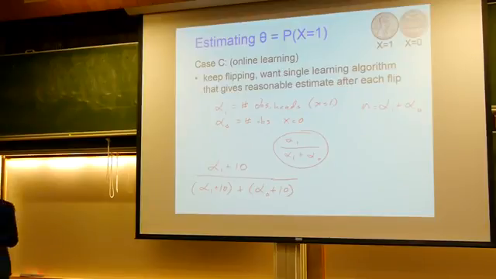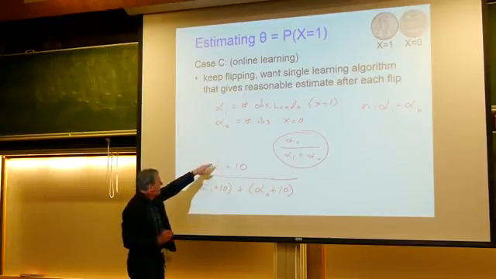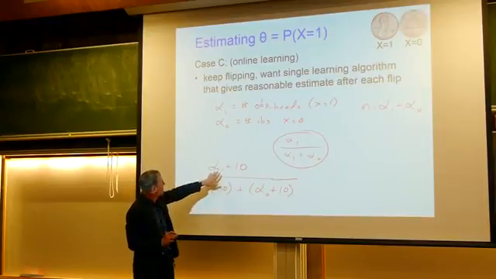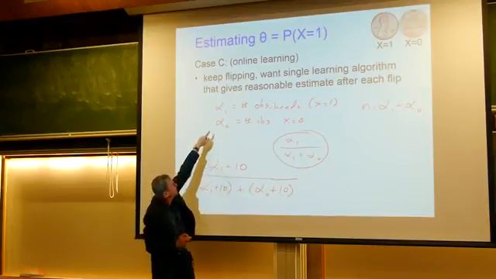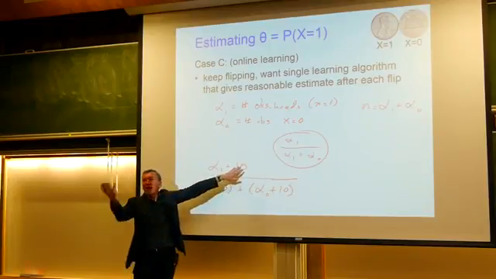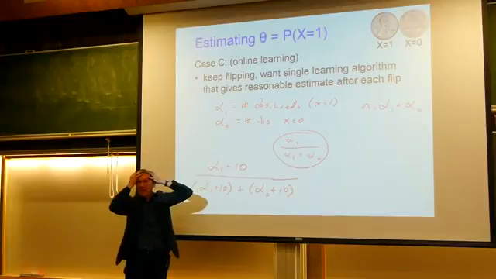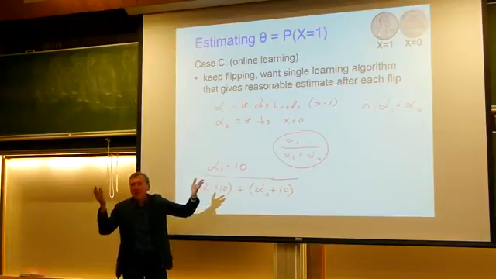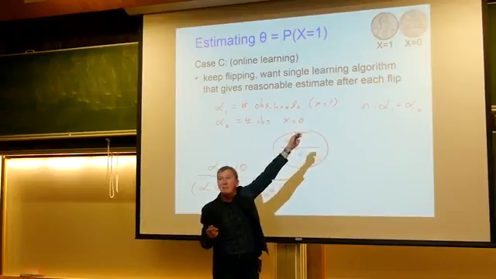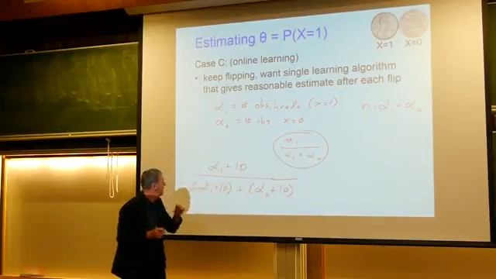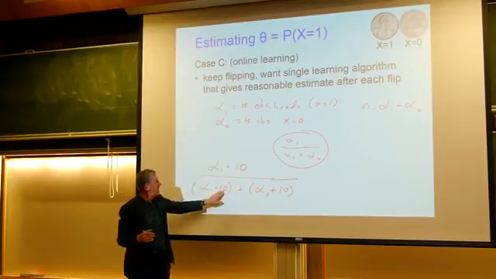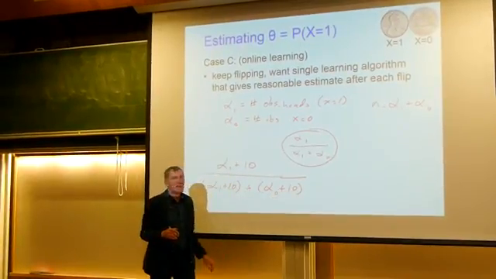Okay. So if I do this, suppose I haven't flipped the coin at all. What I'm saying here is, instead of using only my observed heads, I'm also going to use some imaginary coin tosses that I just pretended happened, that reflect my prior that the probability is probably 0.5. So I'm going to imagine that there are 10 heads and 10 tails.